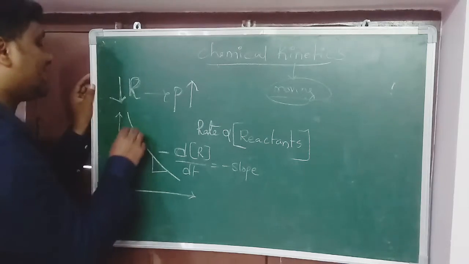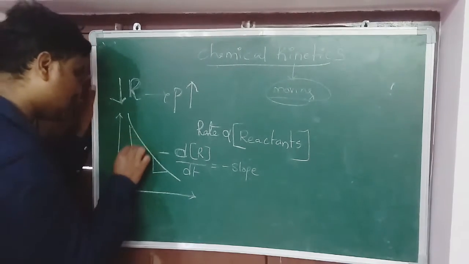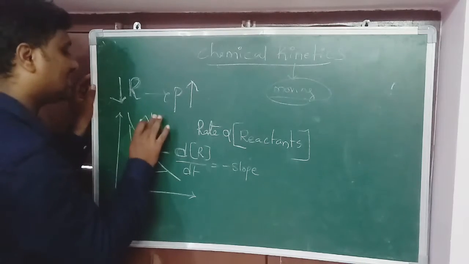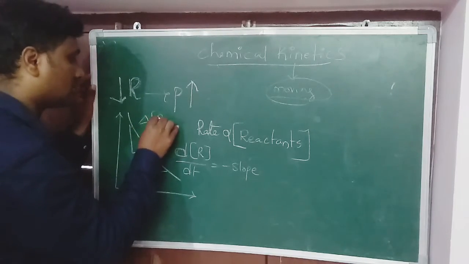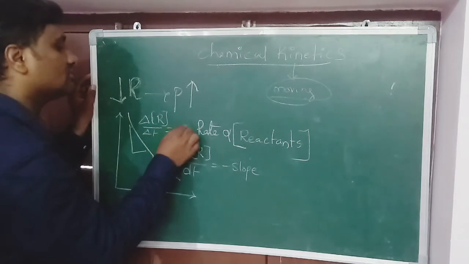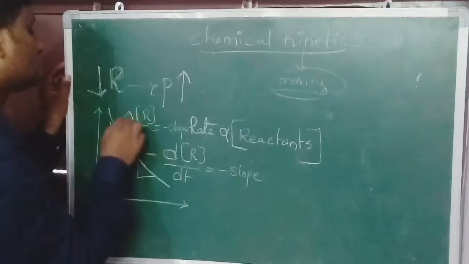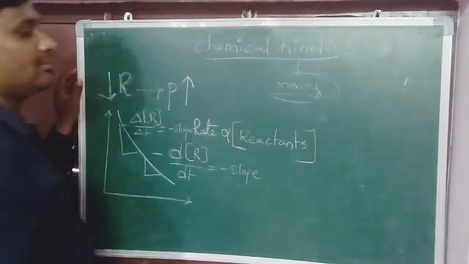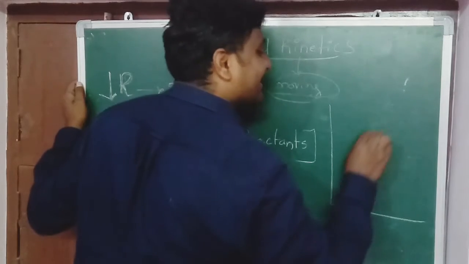Right? So here the average is delta concentration of the reactants with respect to delta T, and it shows a negative slope. The negative sign shows decreasing and the positive sign shows increasing.